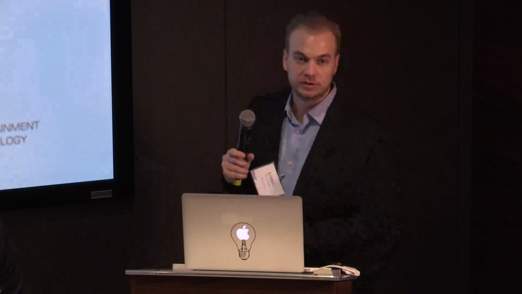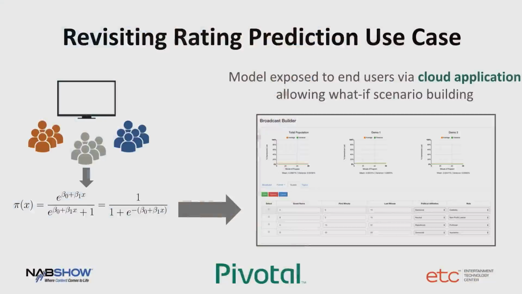How we're seeing the leaders solve these problems, and not let insights go somewhere to die, is they're incorporating them into data-driven applications that live in the cloud. The easiest way to give an example is to revisit the use case that Noelle was talking about.